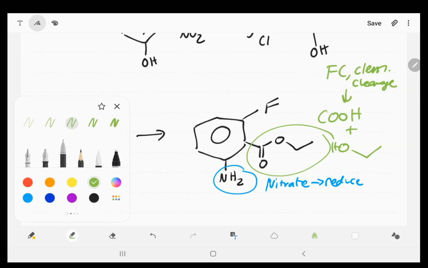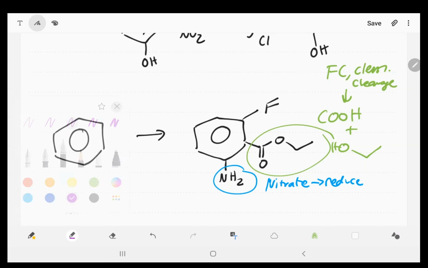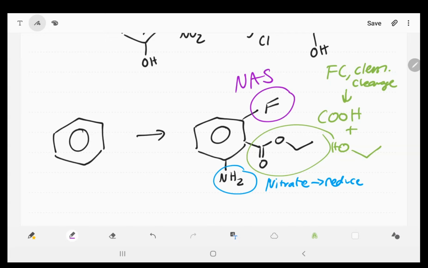Fluorine. How do we put a fluorine on a group? Can't use F2, right? We don't typically do that.